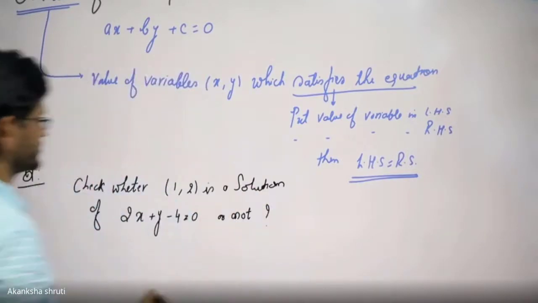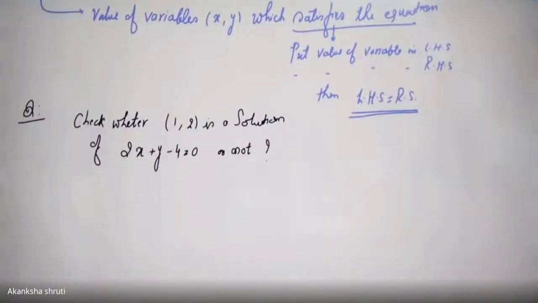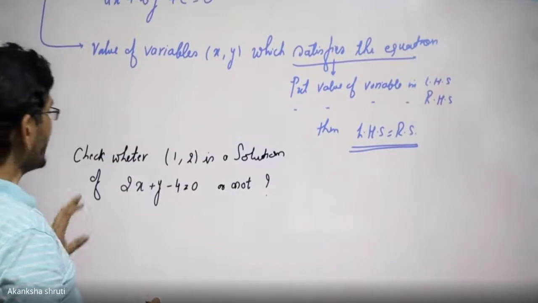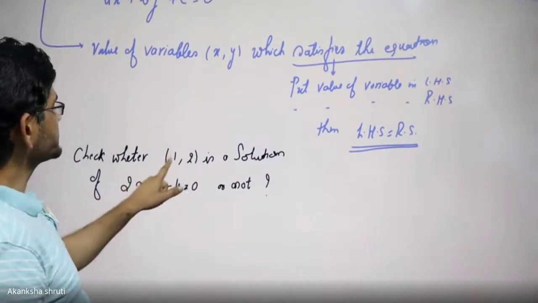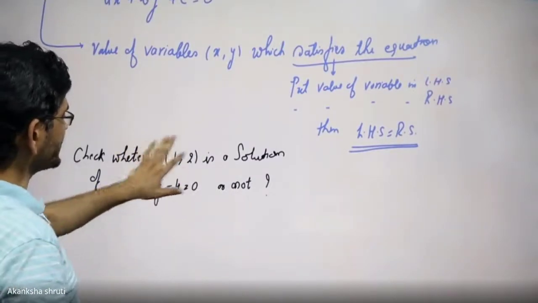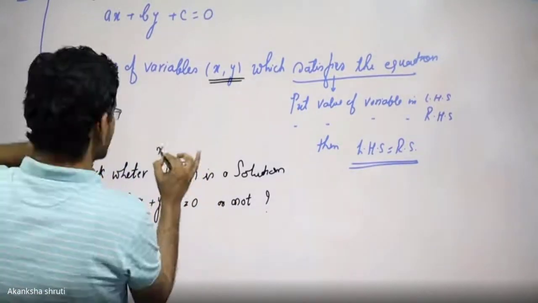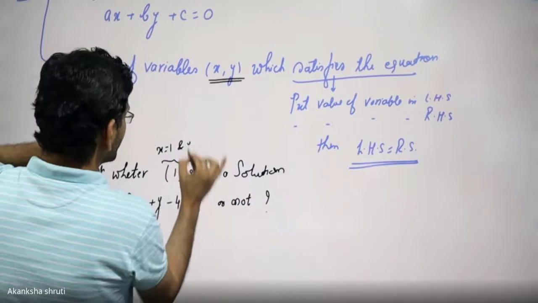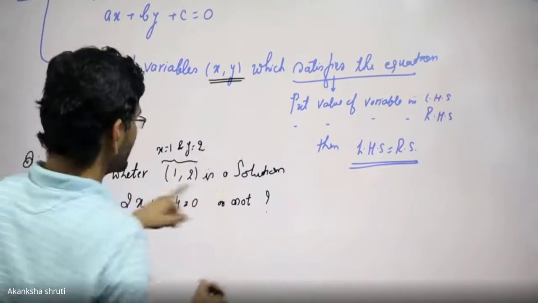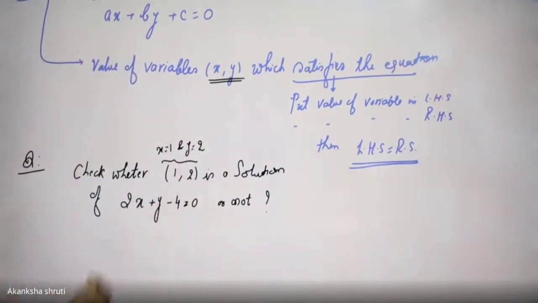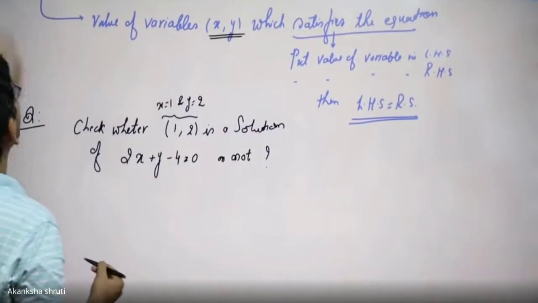This is the question, just for understanding. Means, students, we want to check whether this (1, 2), so writing in this pair, it is our x, y. x is equal to 1 and y is equal to 2 is a solution of this equation or not. Understand it carefully.